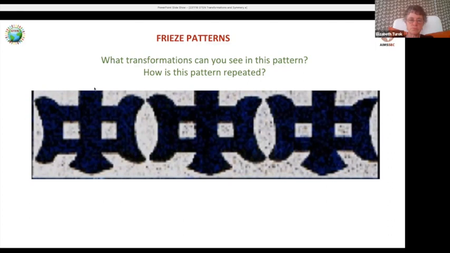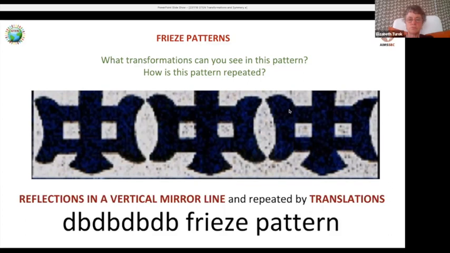That's the smallest component, and then it's reflected in that line to the other side here. That whole bit of pattern, which is composite already, is translated and then translated again.